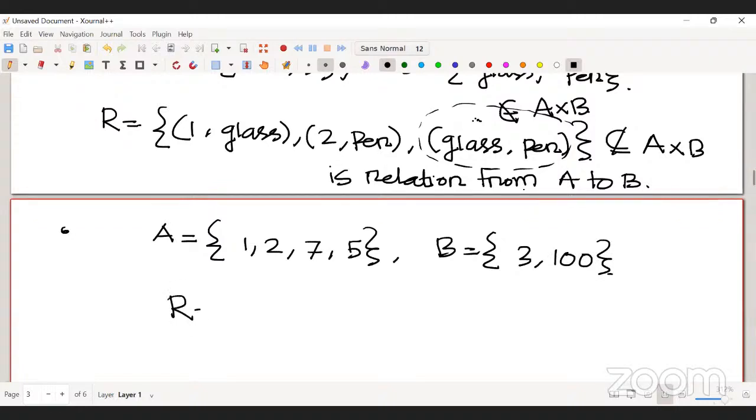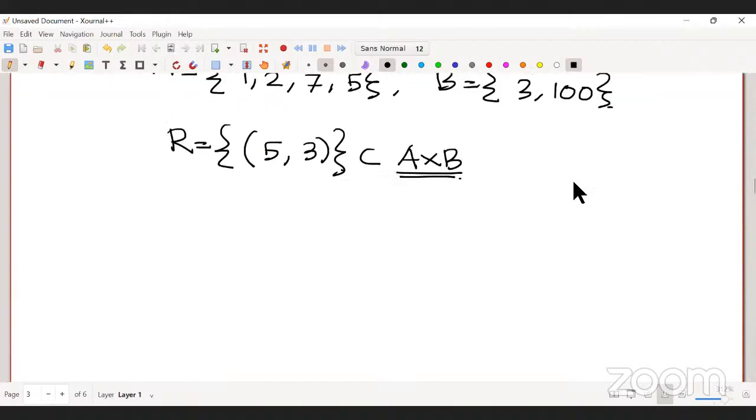Whether this R is a relation from A to B. Yes, sir. So it's clear, right? It's a subset of A cross B. So that's why R is a relation from set A to B.